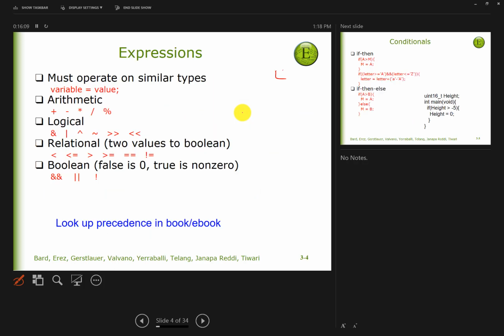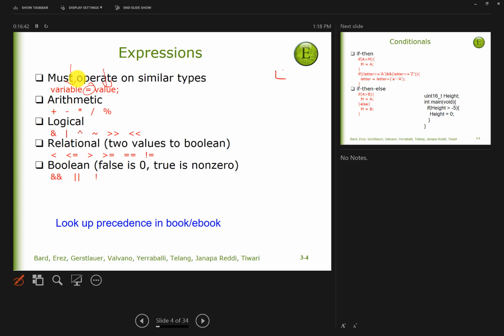Types matter. Types matter when you do an assignment. When we take a value and assign it into a variable, we create a number of a certain type, and we store that into a variable of the same type.